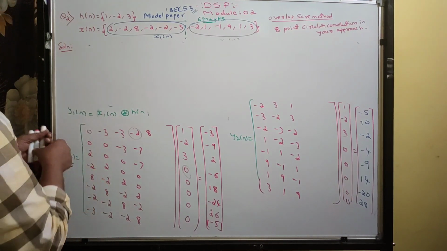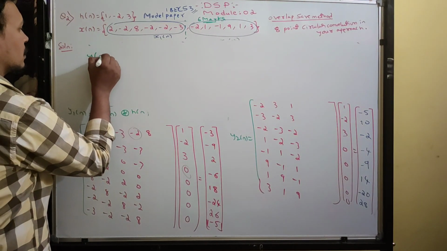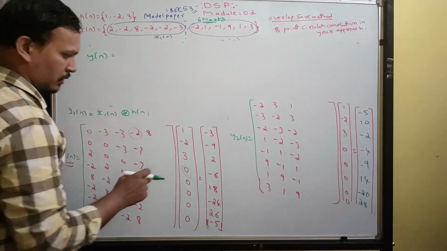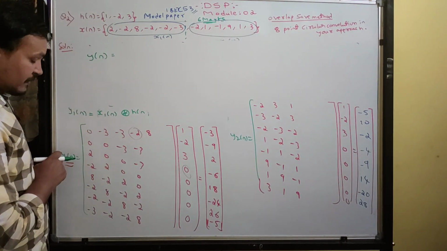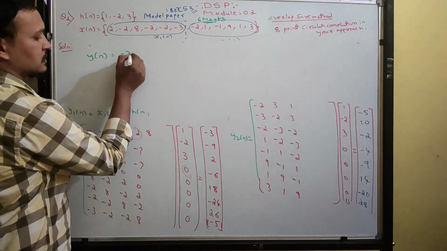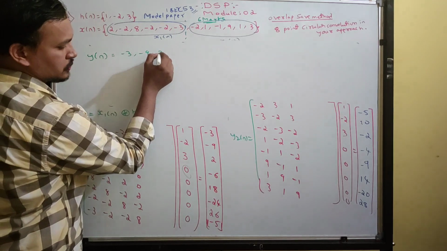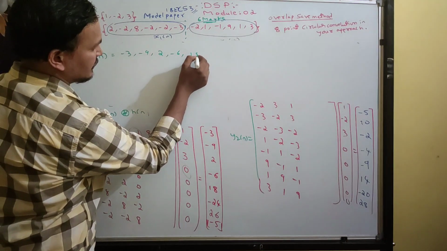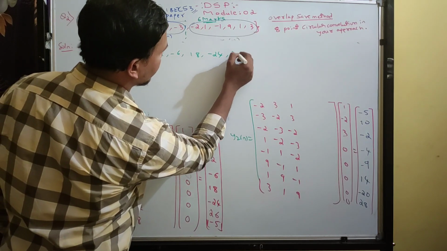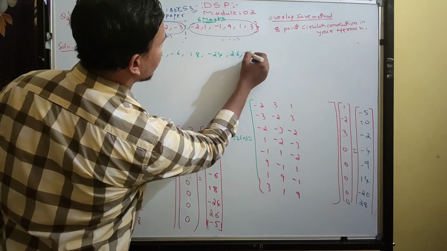Okay, then how to get the overall output? First you write the y1 of n output. What are those outputs? Minus 3, minus 9, 2, minus 6, 18, minus 24, 26, minus 5.